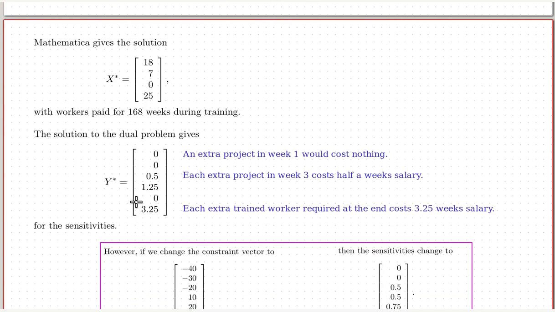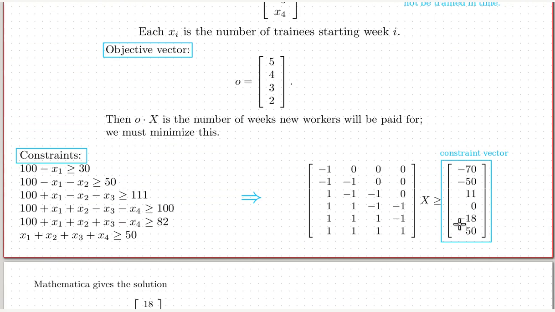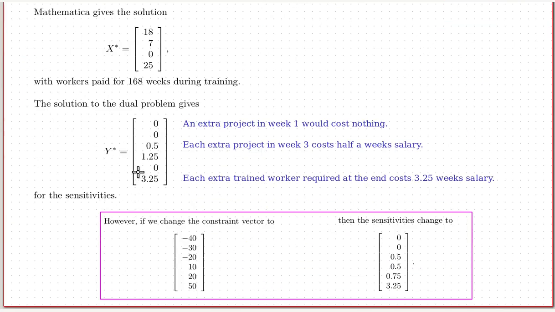That would be the fastest way to cut costs, with the fewest changes to the constraint vector. You'd still be able to handle all the projects, but you would save 3¼ weeks worth of salary.